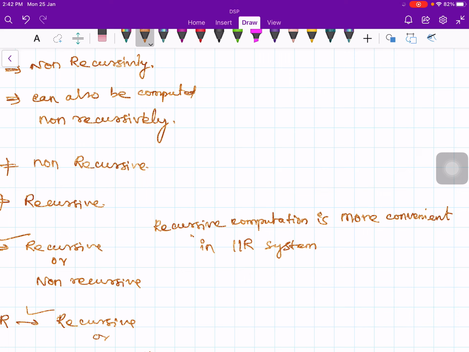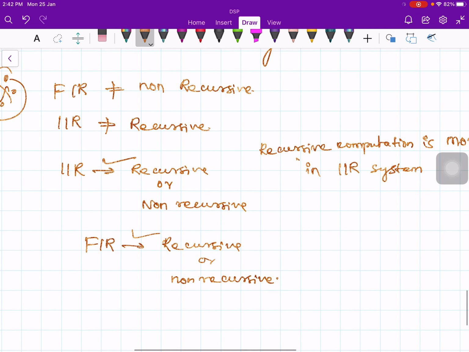It is just convenience; if you are interested, you can use non-recursive computation for IIR also.